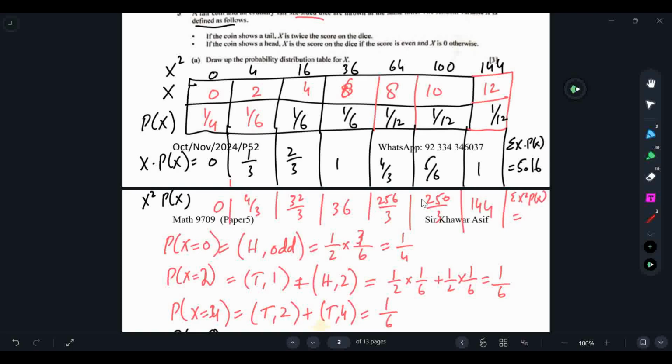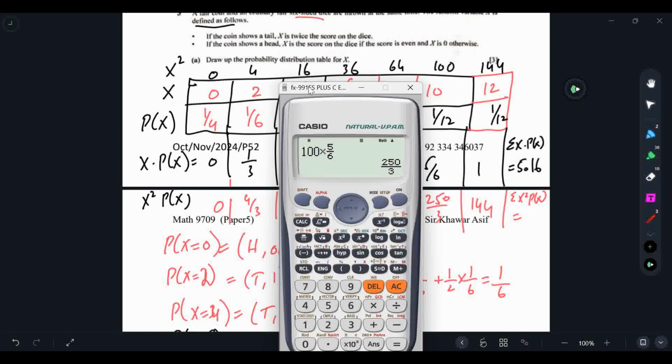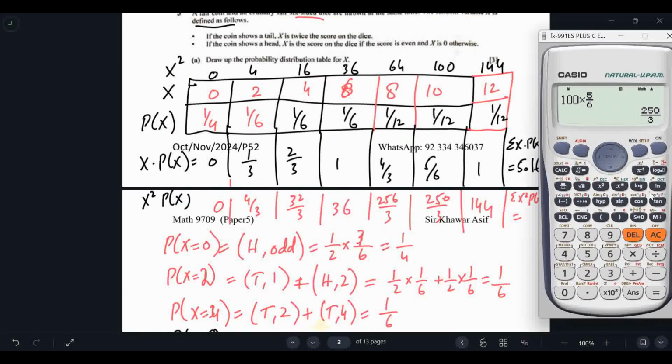So this will be equals to, we can use the calculator. 250 by 3. Okay, now fraction 4 by 3 plus fraction 2 by 3, plus 1, plus fraction 4 by 3, plus fraction 5 by 6, plus 1.